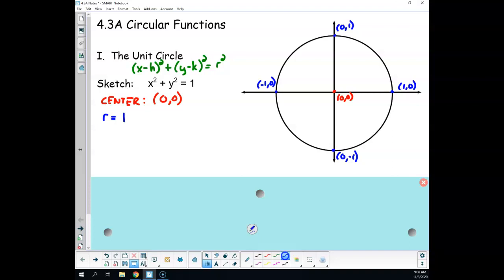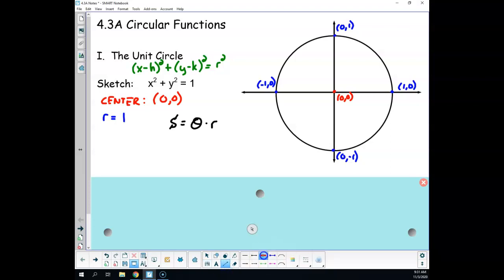So then, if we go back to arc length and theta measures, if we have s equals theta times r, well, s would be our arc length.